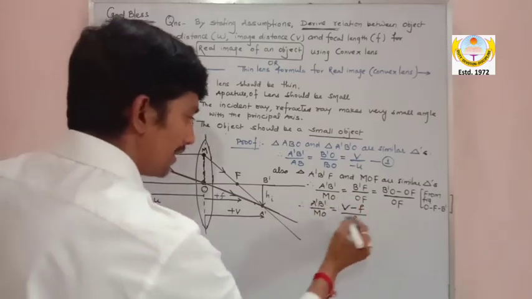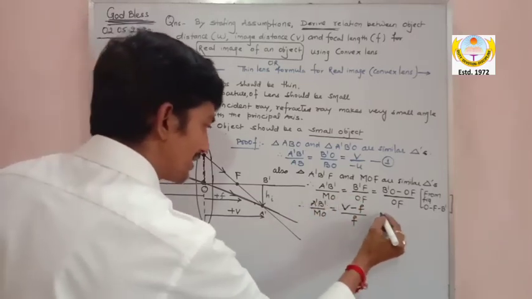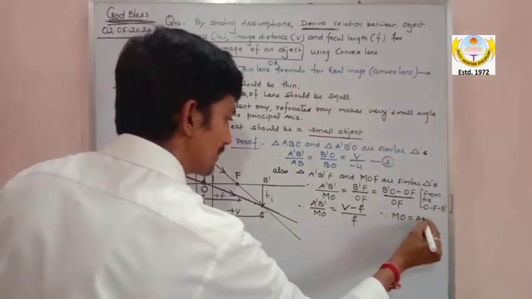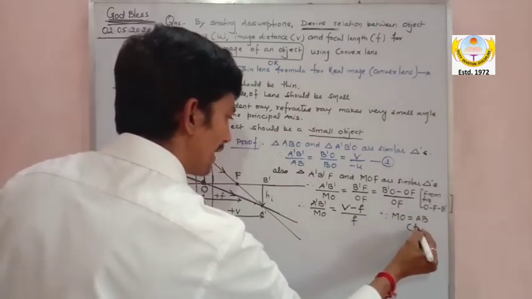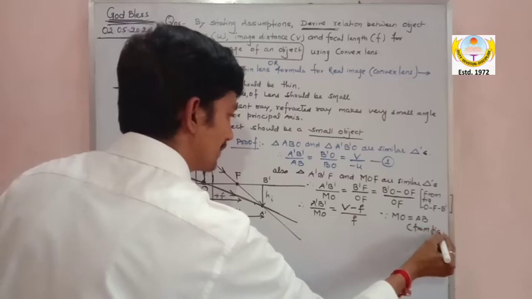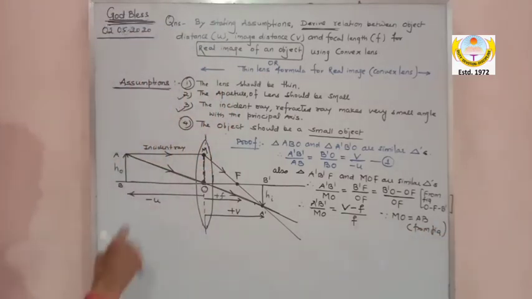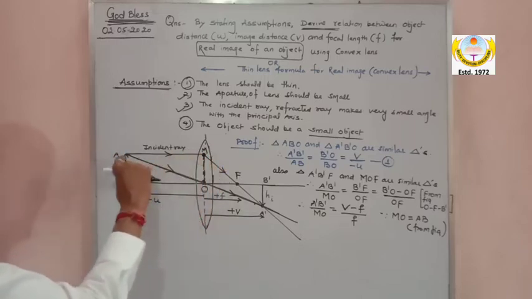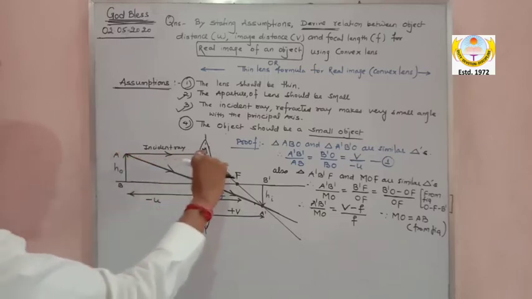Am I clear? But since MO is equal to AB from the figure, this MO is equal to AB. So nice, MO is your AB.